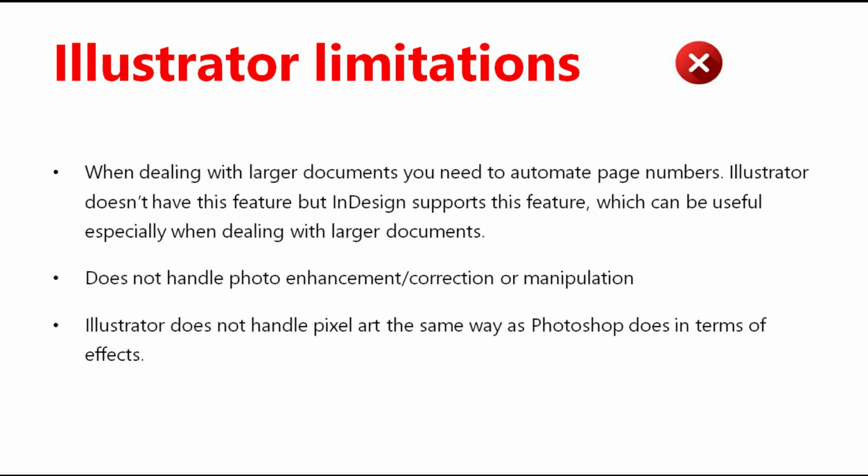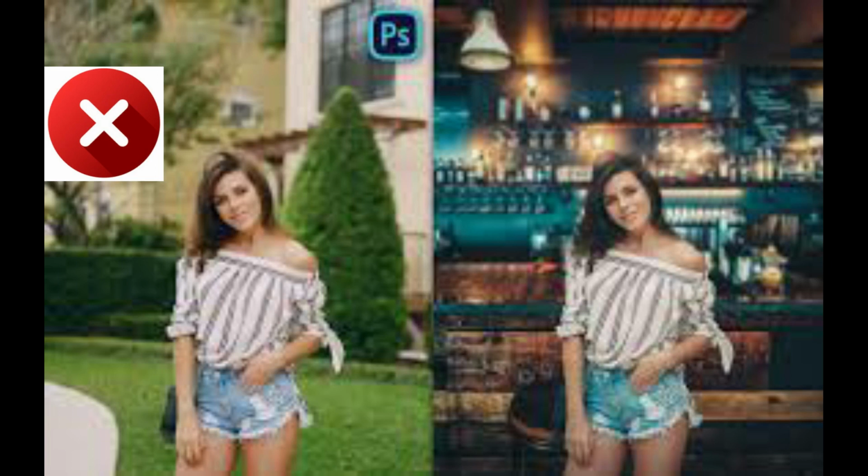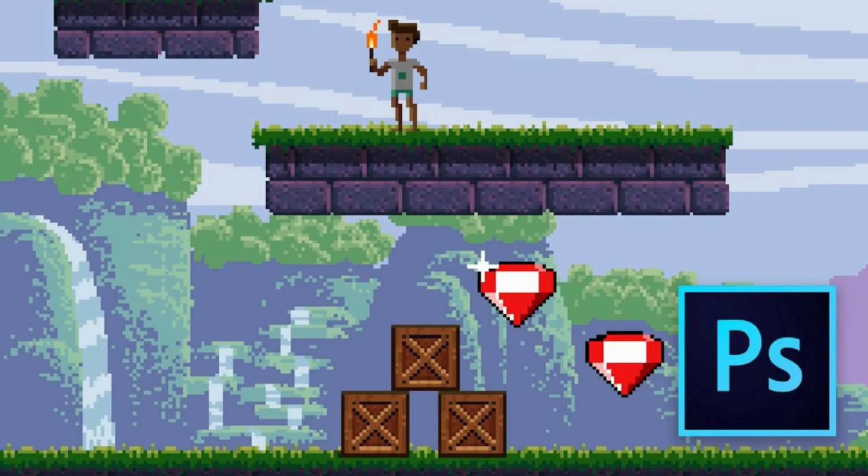Illustrator doesn't have this feature, but InDesign supports this feature, which can be useful especially when dealing with larger documents. Illustrator does not handle photo enhancement, correction, or manipulation. It does not handle pixel art the same way as Photoshop does in terms of effects.